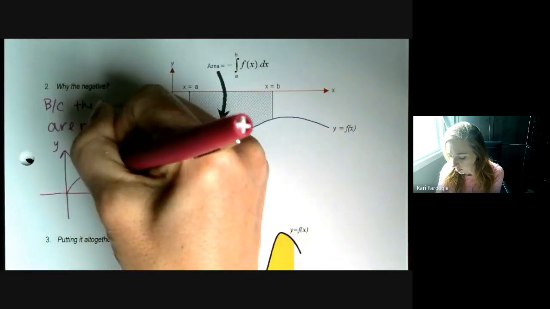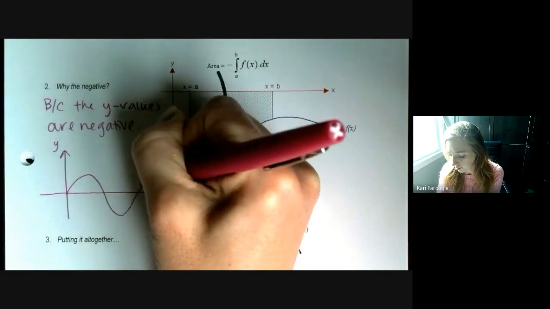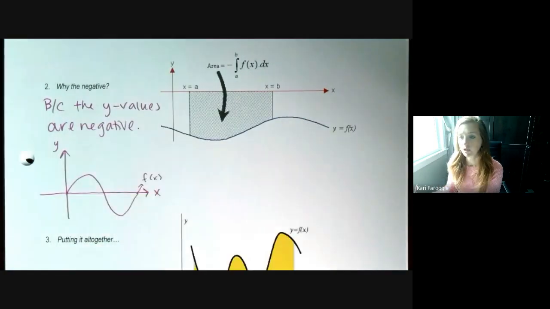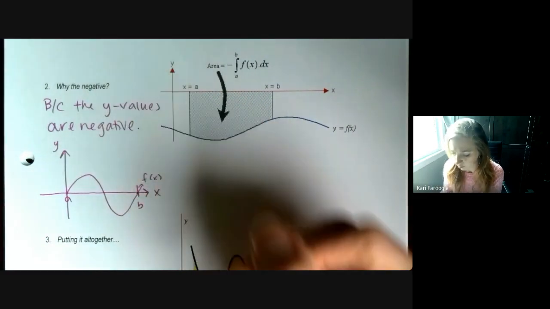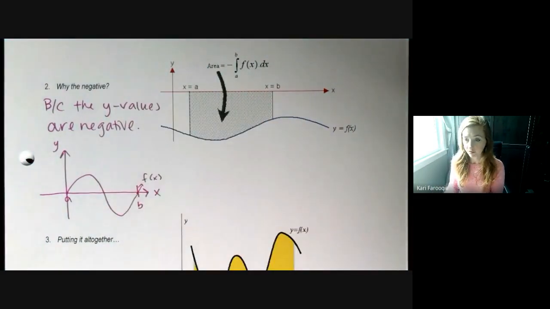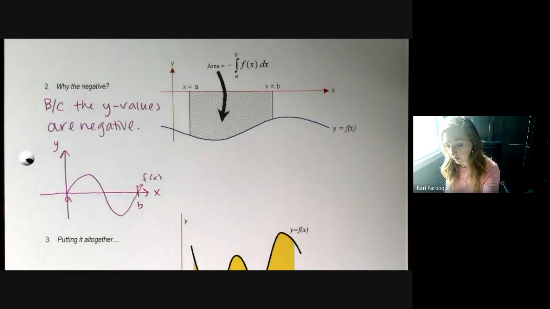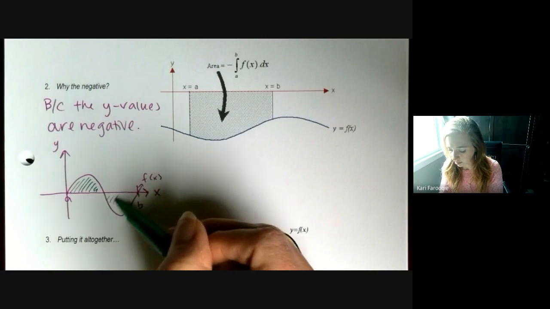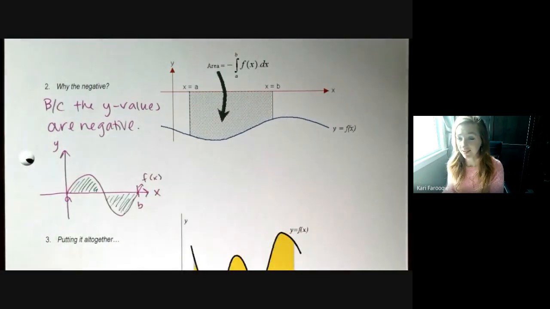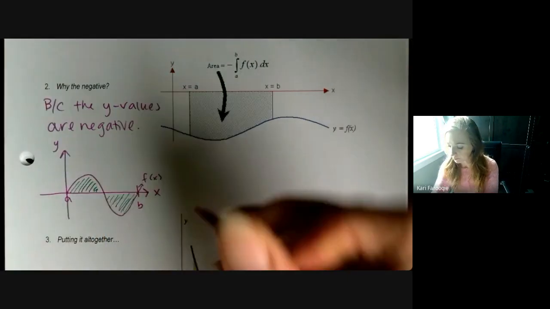But imagine that you had a curve that looked something like this, and you were asked to find the area under the curve from A to B. Well, imagine that A is, in this case, sitting at the origin, and then we have this chopped off at B. So the idea is that the area above the x-axis and the area below the x-axis, I tried to make them look exactly the same. I tried to make this look symmetric about the middle, but the area would actually be 0 in this case.